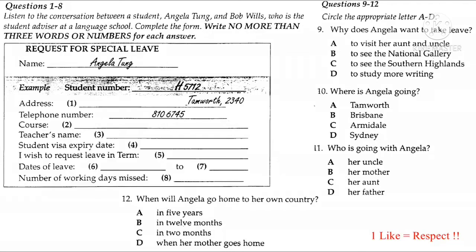Thanks. What course are you doing? I'm in the writing class. Writing. Who's your teacher this term? Mrs. Green. She spells her name like the colour. Thanks. When does your student visa expire? Let me look. July 15. July 15. OK. Which term do you want to take leave? Do you want dates? First, I have to write a term number.